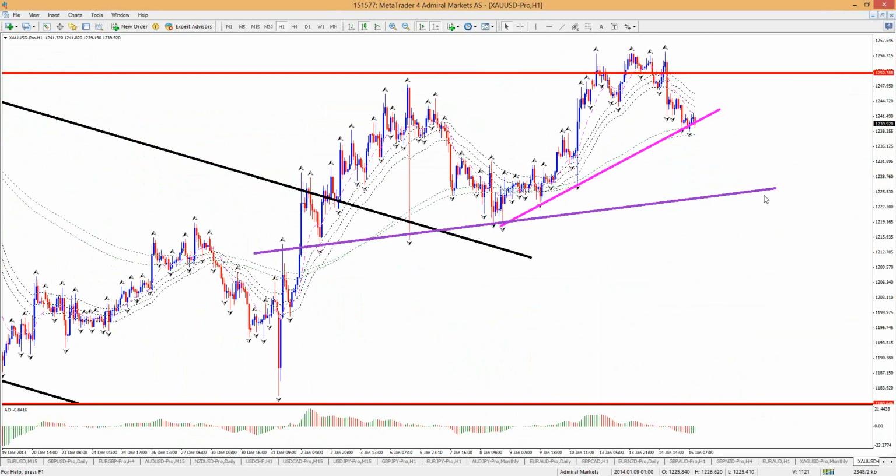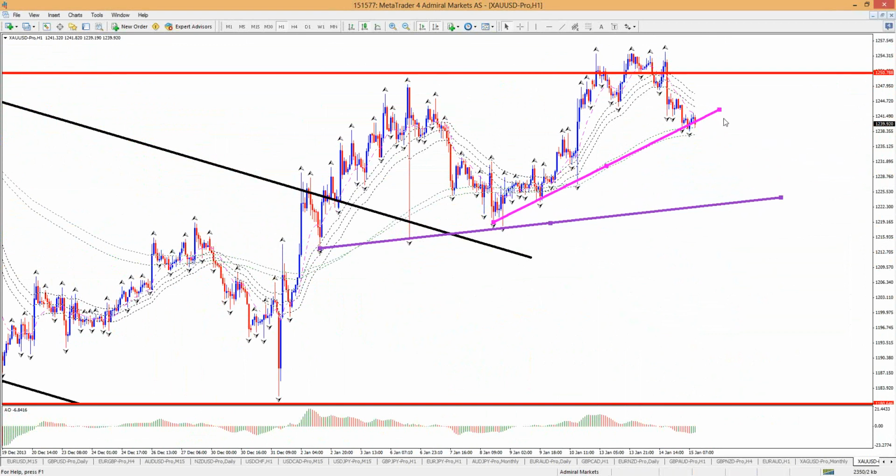So, looks like we're at a potential trend line here. If we break magenta, there could be a reason to fall down to purple, for example.